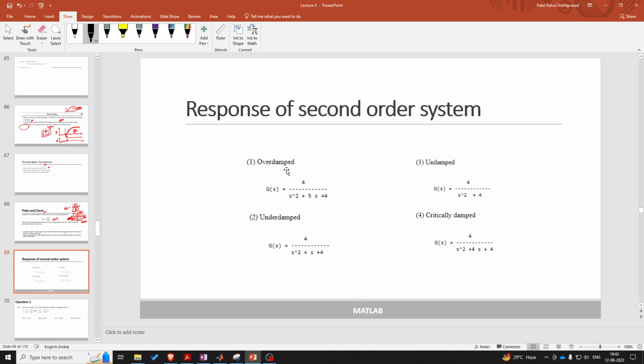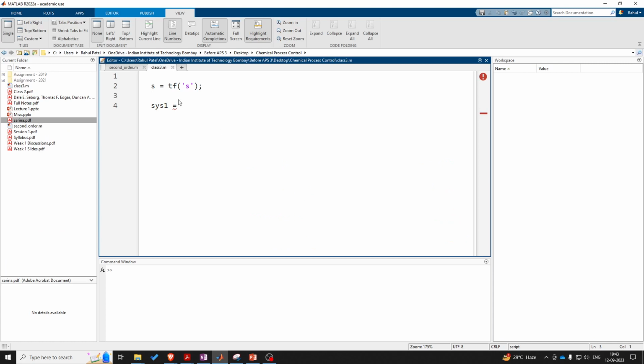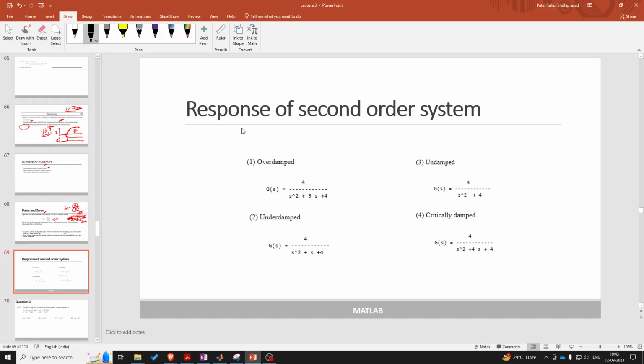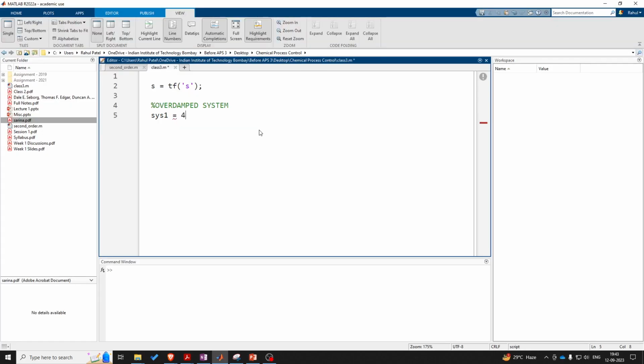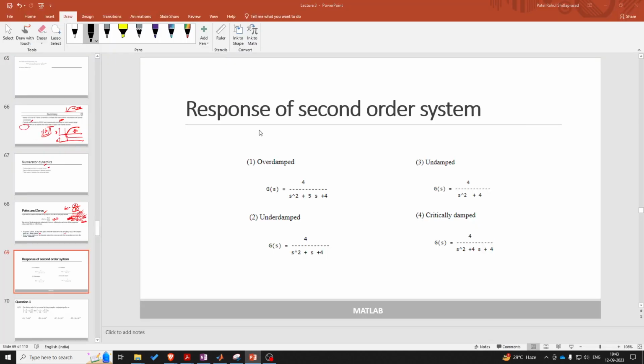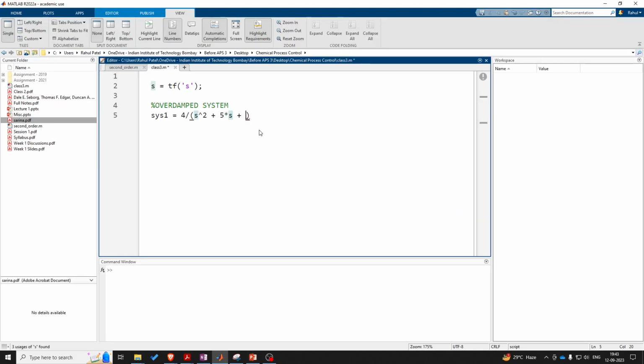Let's just find the response of this overdamped system, that is 4 upon S square plus 5 into S plus 4.